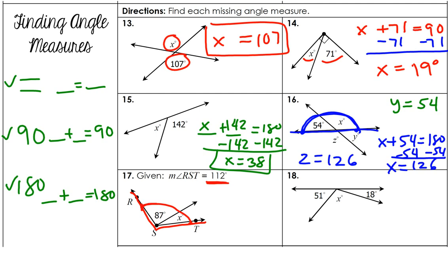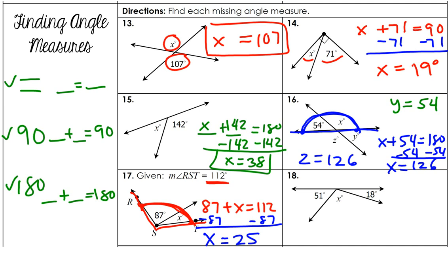Well, if from here to there is 112, then from here to there is whatever 87 and x are. So 87 and x equals 112. So we subtract 87 on both sides here. And let's see what we're going to get. 12, 13, 14, 15, 25. So x is 25.